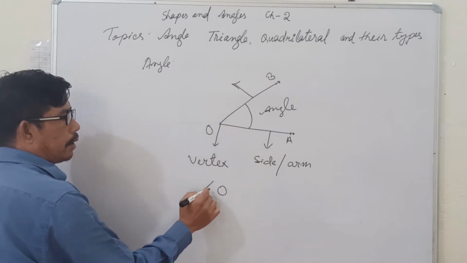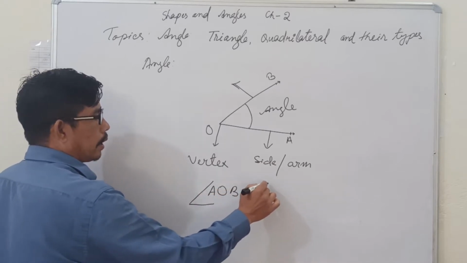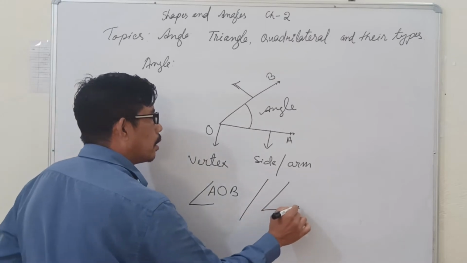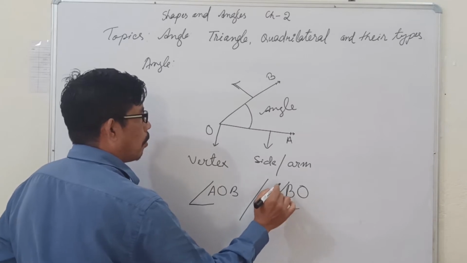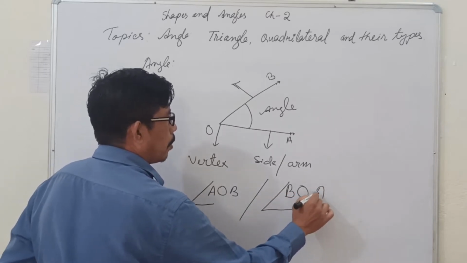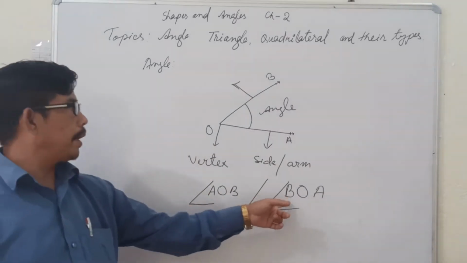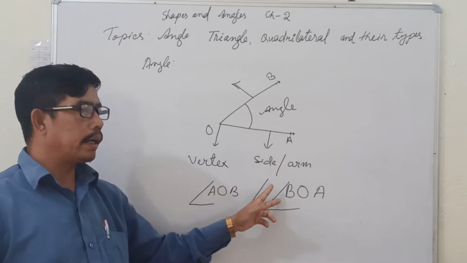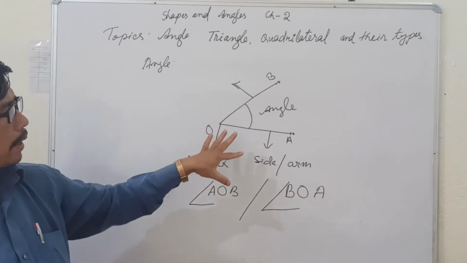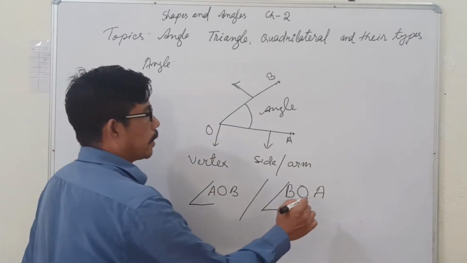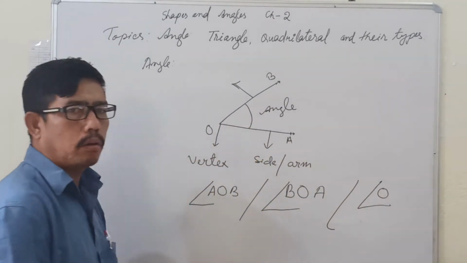On the left side, you can write A. On the right side, B. Or in another way, B can be on the left side of O and A can be on the right side of O. This is how to write the name of the angle using three letters. And the same angle can be named using a single letter. That should be O. Angle O.